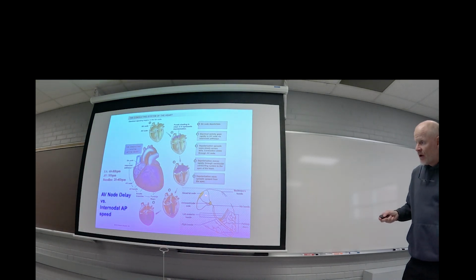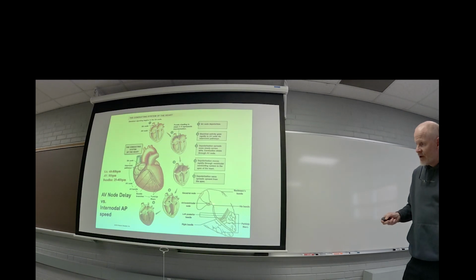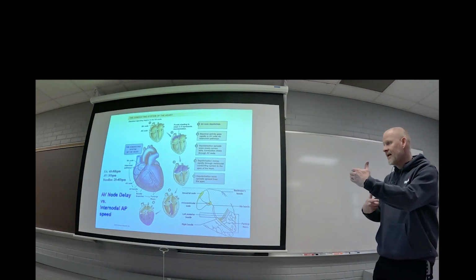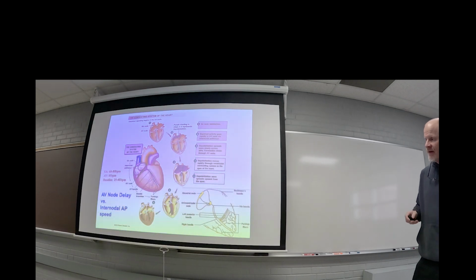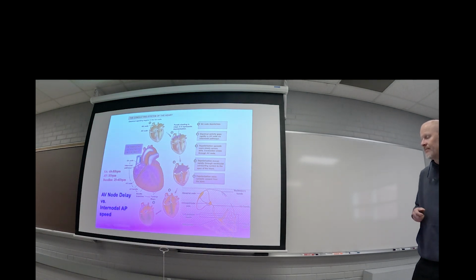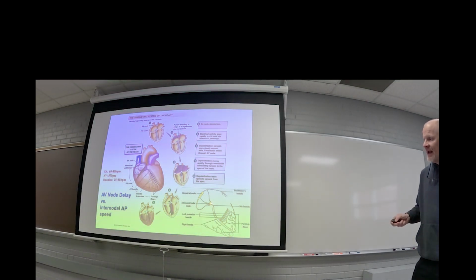Here's your sinoatrial node up in the right atrium. Down here is your atrioventricular node, between the atria and ventricles in that connective tissue layer that supports the valves. And these are the internodal pathways that connect the SA node to the AV node.